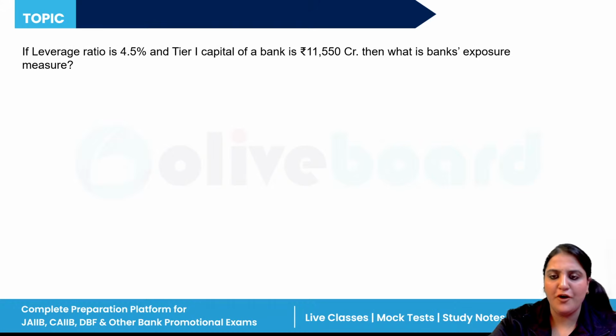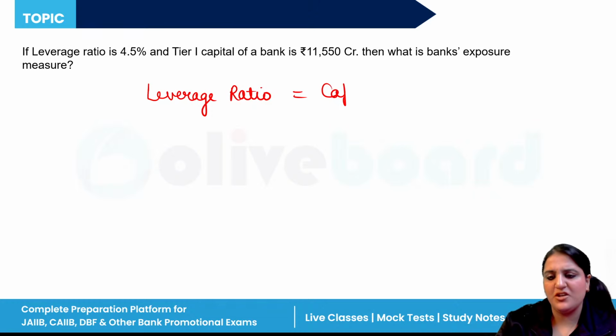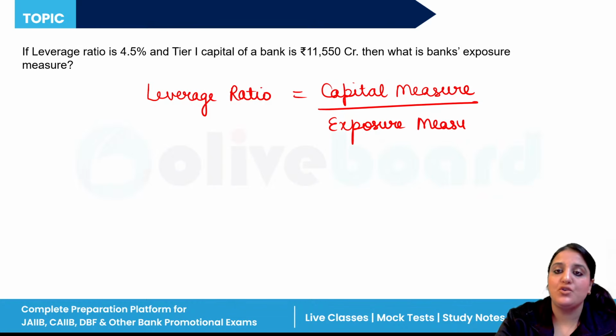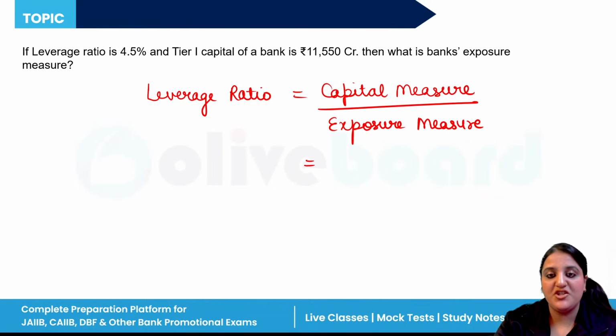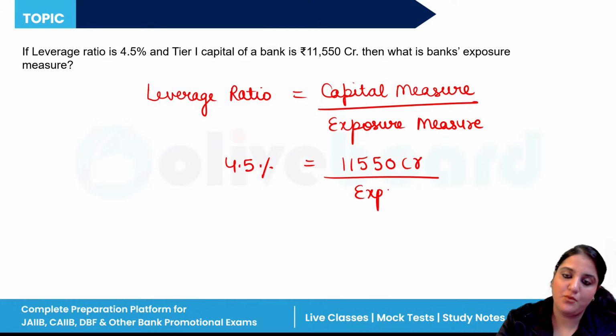And what is the formula of leverage ratio? Leverage ratio is equal to capital measure divided by exposure measure, right? So what is the capital measure here? This, 11,550 crore, and leverage ratio is 4.5%. We have to find the exposure measure.